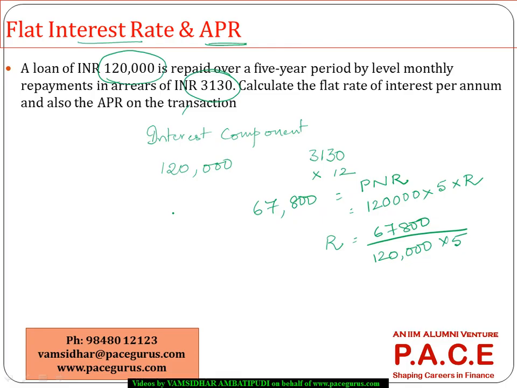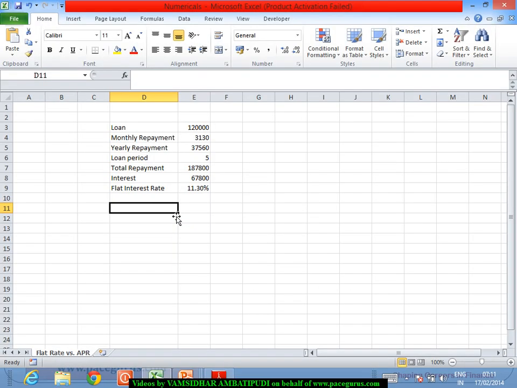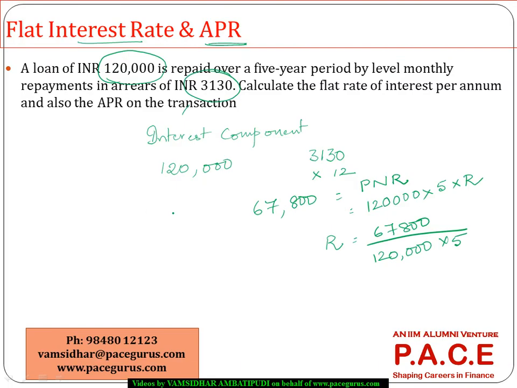Now, when I have to compute the annual percentage rate, APR, it takes into account compounding and all the other factors, whereas the flat interest rate does not consider the compounded interest rate for the periods. It doesn't consider any of those things.